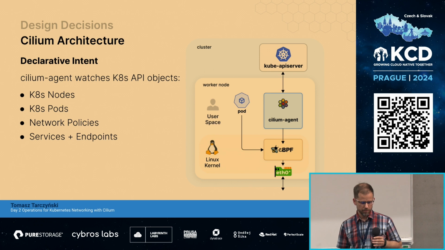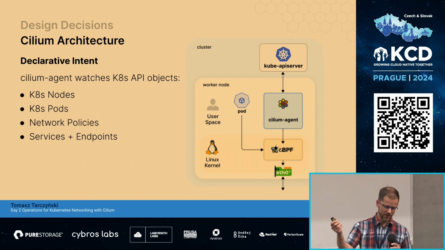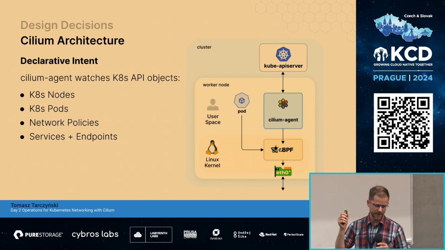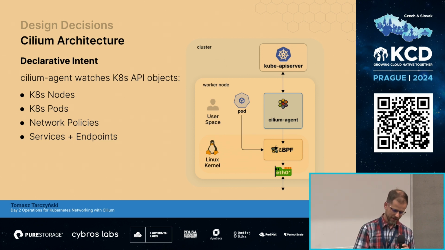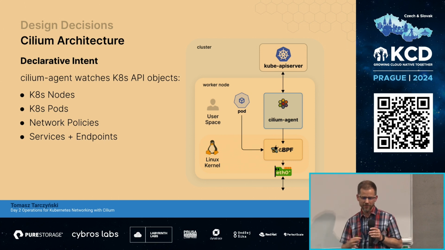That's how Cilium runs, how it works. So the agent needs to talk to the kube-apiserver. It watches a bunch of different resources there, and based on that, it programs your Linux kernel to basically program those networking rules in the kernel.